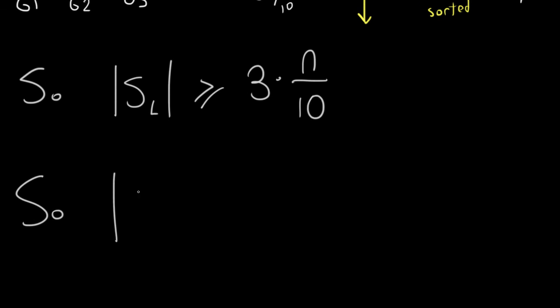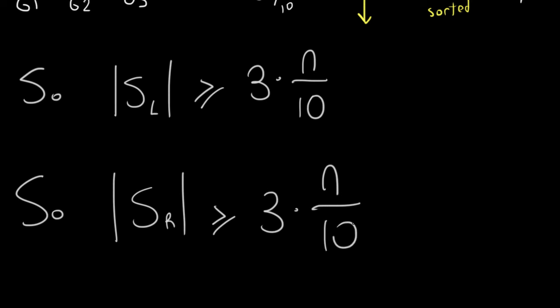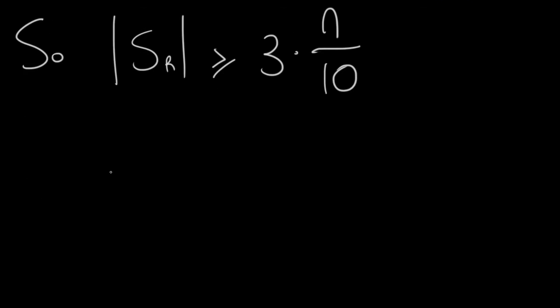I'll go ahead and write the other one for the right-hand side. This one is going to be greater than or equal to 3 multiplied by n over 10 as well. So we are going to have these lower bounds. Should we go and combine them? We'll combine them right now, and then we'll get into this deeper again in the next video in case you're still a bit confused.